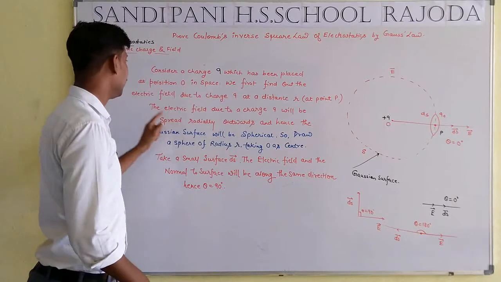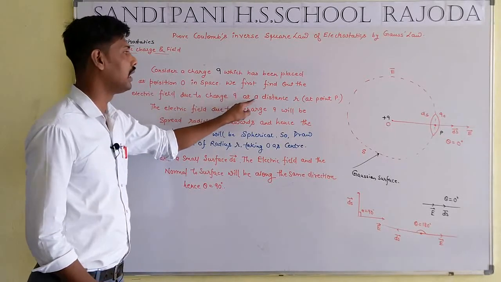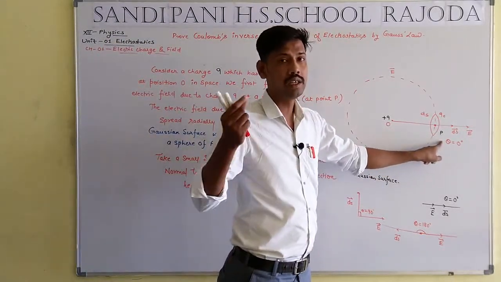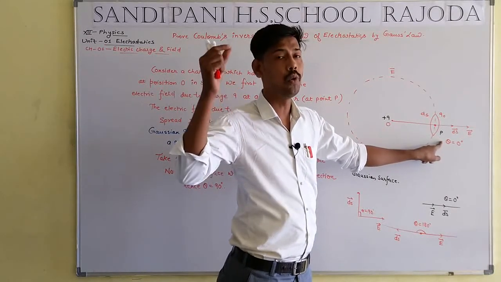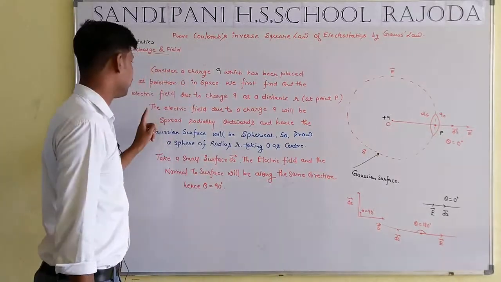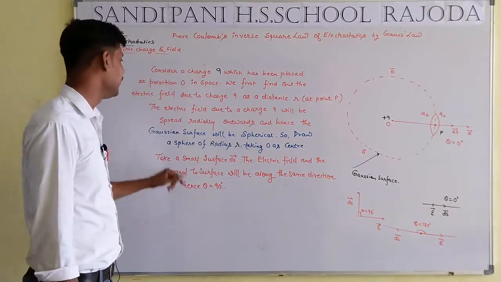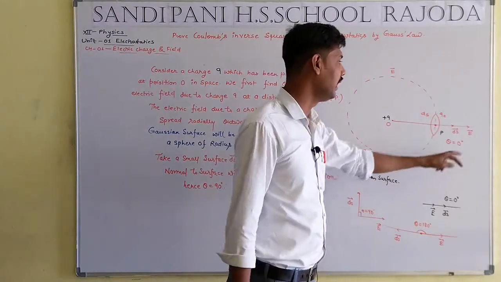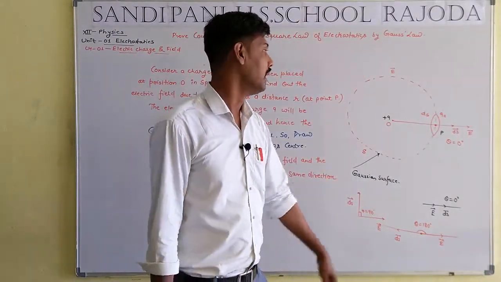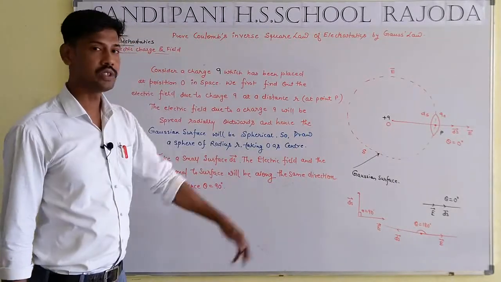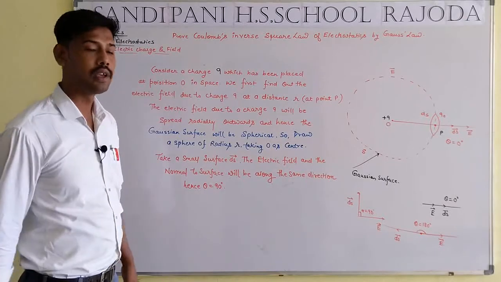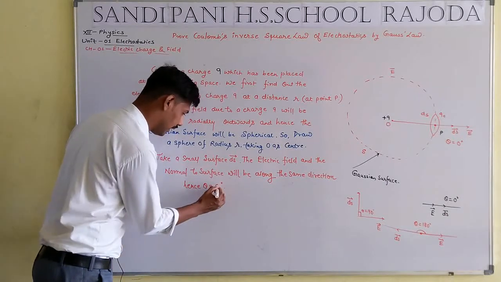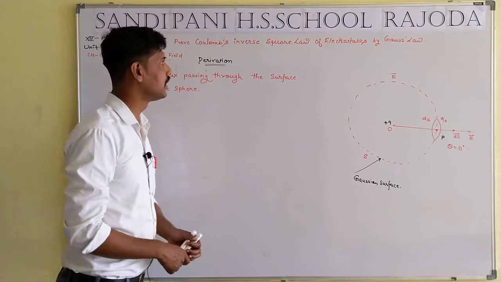We first find the electric field due to charge q at a distance r at a point P. That means we have to find the value of the intensity of electric field at point P due to O. Then the electric field due to charge q will spread outward, and hence the direction of E and the direction of ds are the same. Here, theta will be equal to 0 degrees.